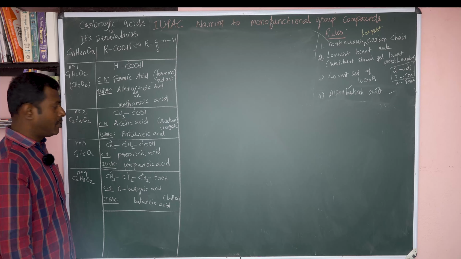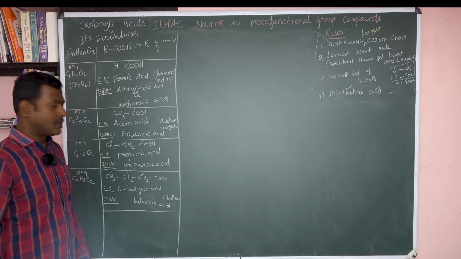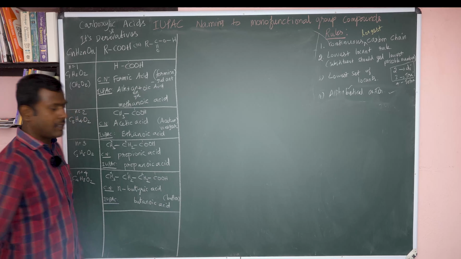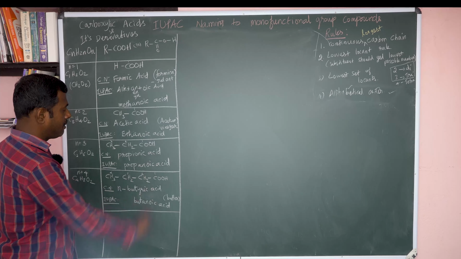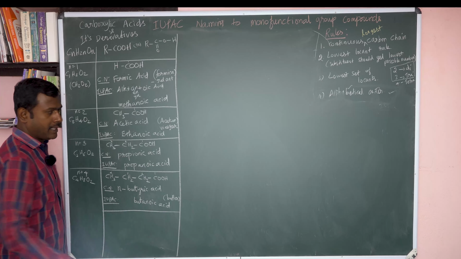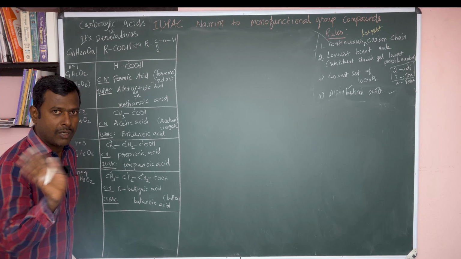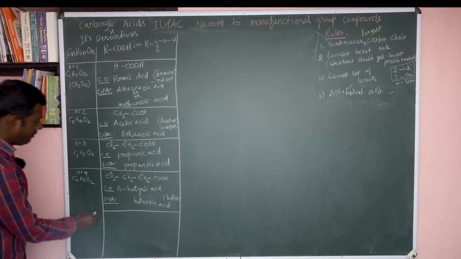No need. The acid group is always treated as the highest priority group, so number 1 always goes to the acid group wherever it is. So no need to mention the position of the acid group as 1. Simply butanoic acid, not butane-1-oic acid.